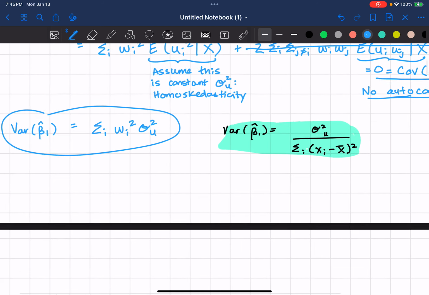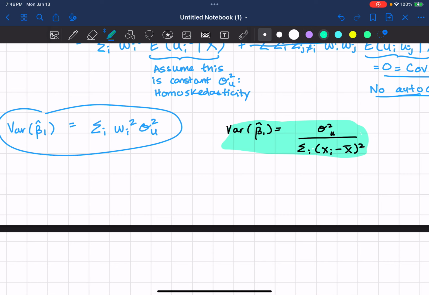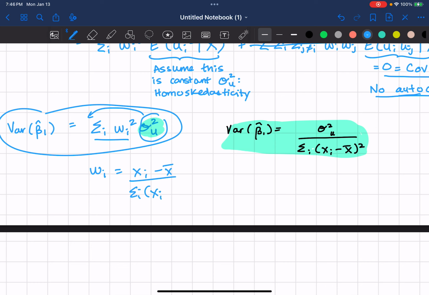So this part is just right, the sigma squared u part. And let's look at what is sum over i of wi squared. Also, we can take sigma squared u outside of the summation because it's a constant. Remember that wi is xi minus x bar over sum over i of xi minus x bar squared.